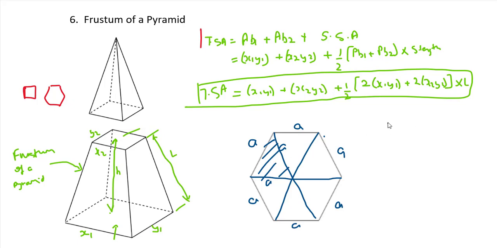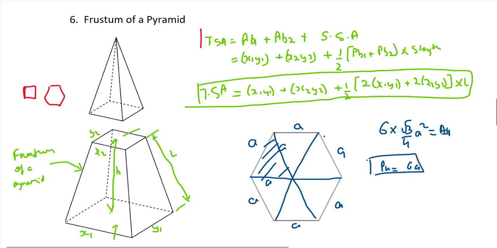So this consists of 6 equilateral triangles. Area of an equilateral triangle is given by root 3 by 4 A square. So this will be the area of the hexagon. For perimeter of the hexagon, it will be 6 times A. A plus A plus A, it will be 6 times A. So this is how you can find the perimeter and the area of the hexagon.